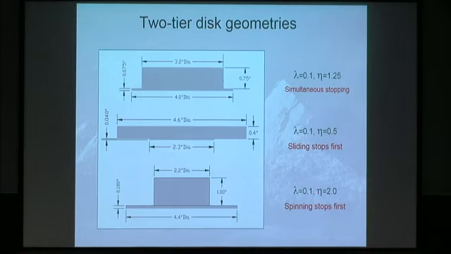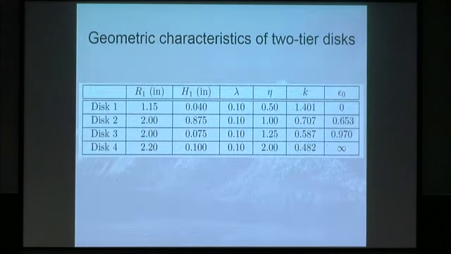All right, so here are the characteristics of 4 disks that I'm going to show you some data on. Here's the radius, R1, and eta is R1 over R2, so from this you can get what R2 is. This is H1, and lambda is H1 over H2, so you can get what H2 is.